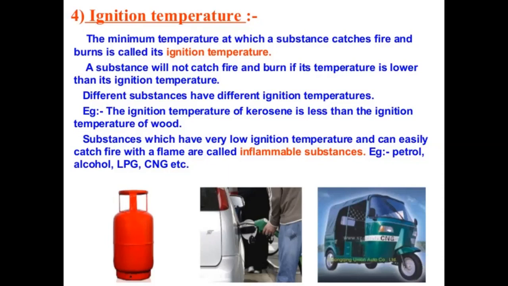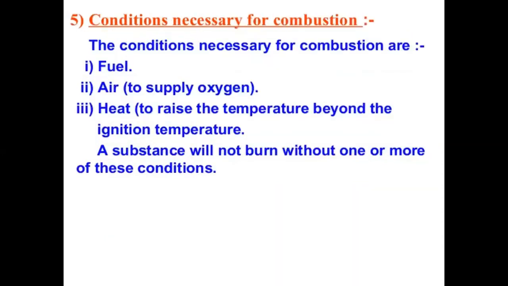Examples of inflammable substances are petrol, alcohol, LPG, CNG, etc. Whenever you visit a petrol pump, it is written that these are highly inflammable substances, because these substances have a low ignition temperature and they catch fire very soon. So children, this was the ignition temperature.